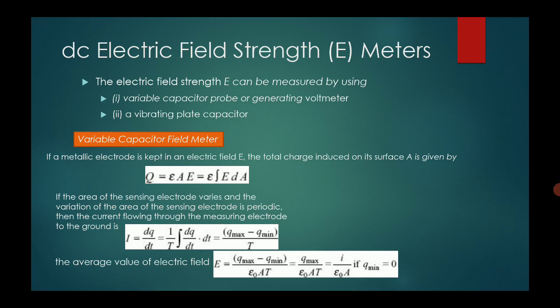So we can get the electric field if we know the current and divide it by epsilon and by the area.